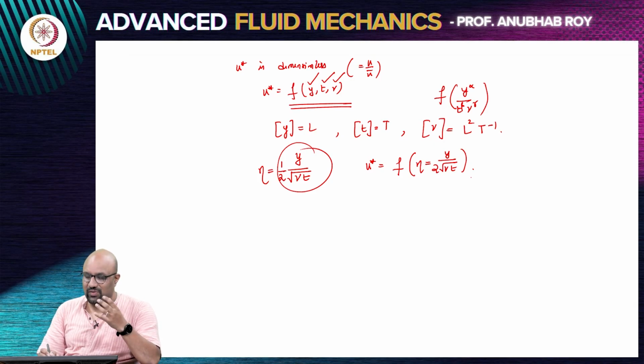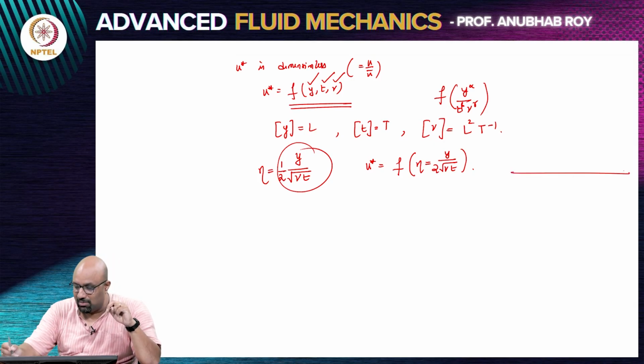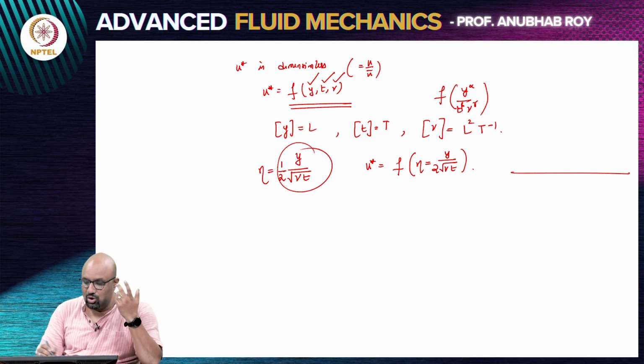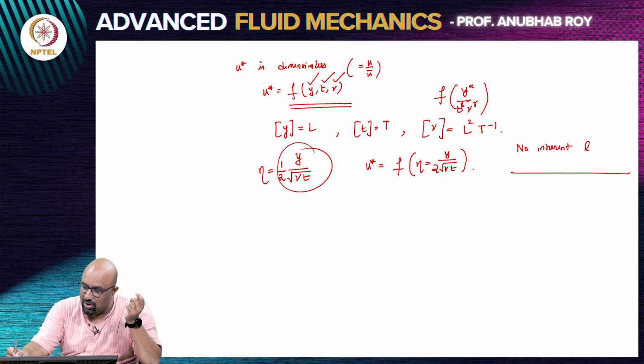It depends on this variable that is a combination of y and t. And this is coming about because in the problem that we are considering, a problem of an infinitely long plate that is set into motion, there is no inherent length or time scales in the problem.